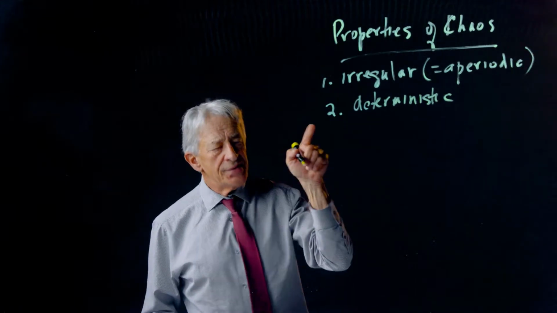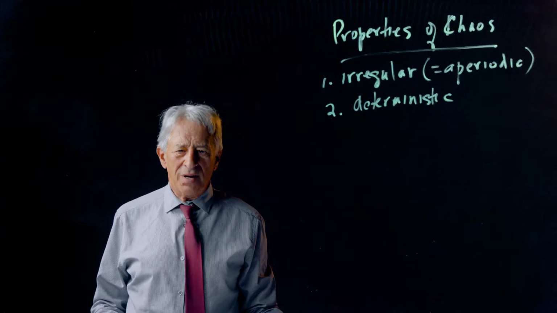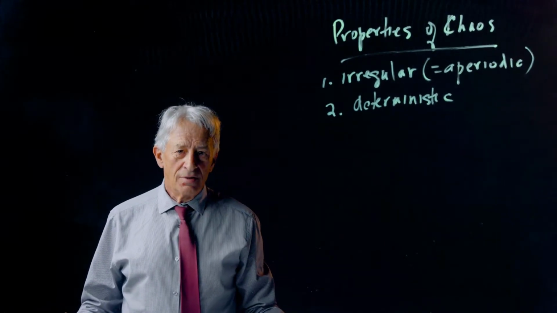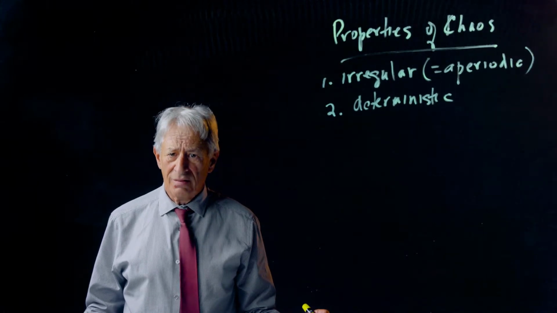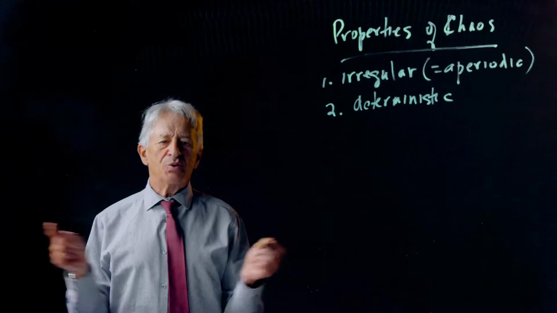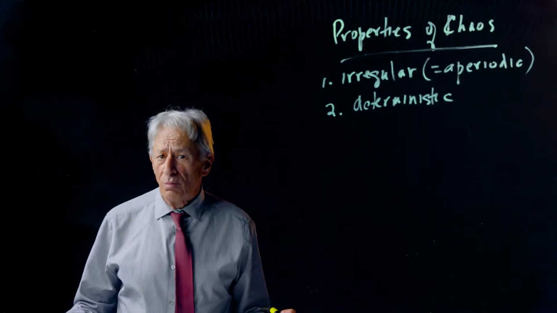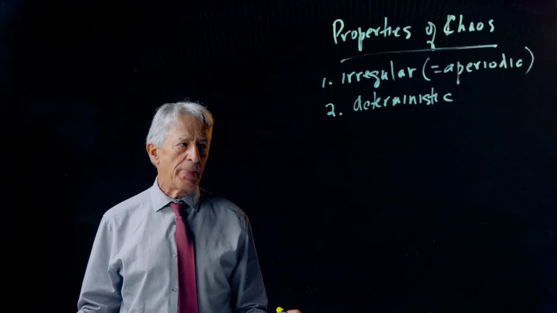Now, in the case of a mathematical model, that's easy. Namely, was the behavior produced by a mathematical model? Yes. Did the mathematical model have any noise inputs to the system? No. Then the irregular behavior is definitely chaotic.